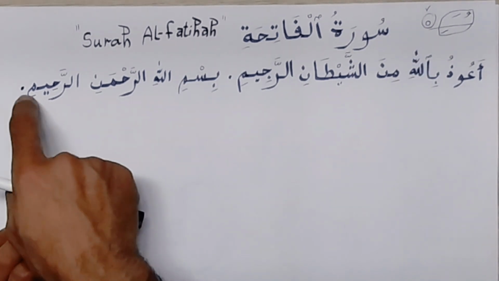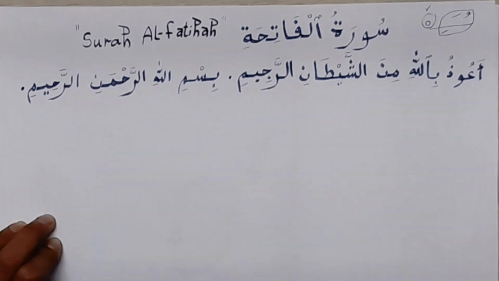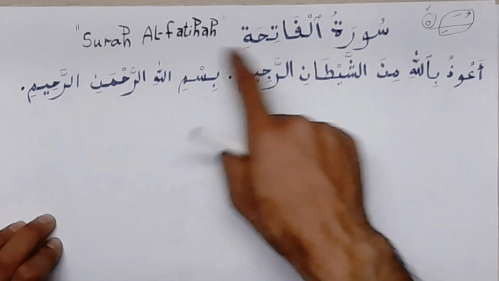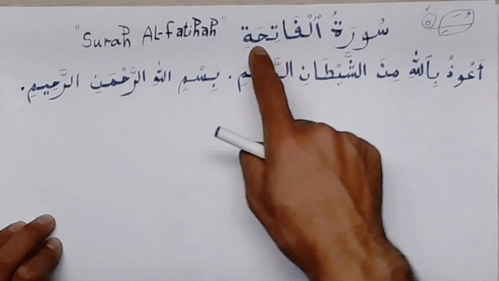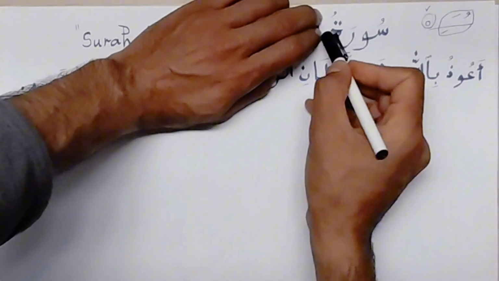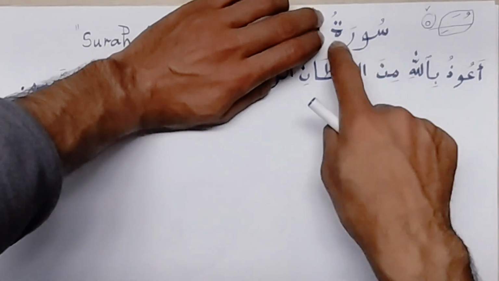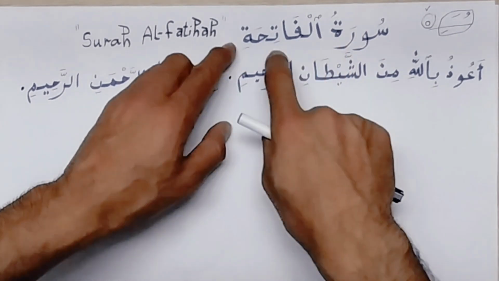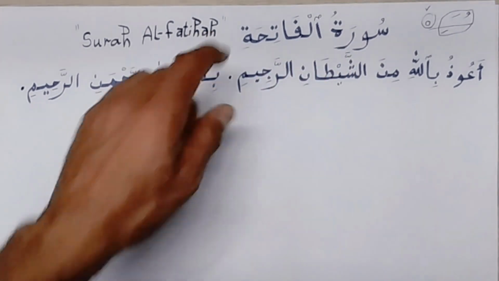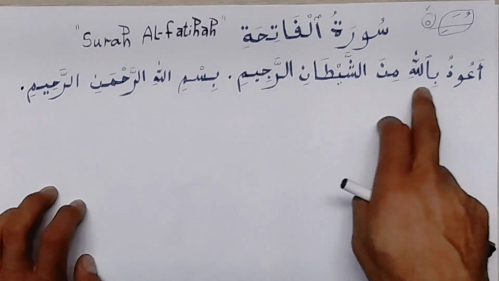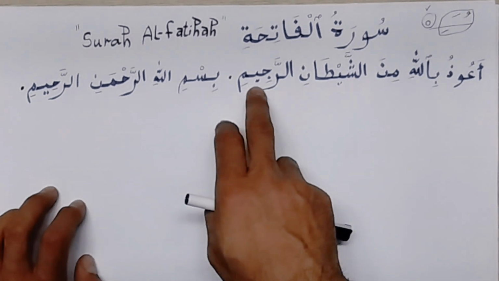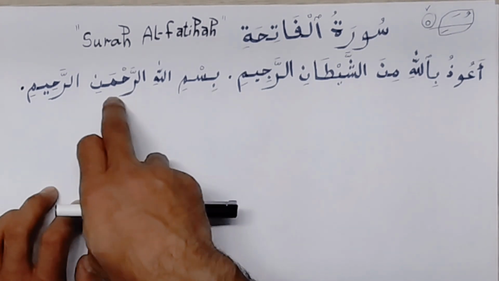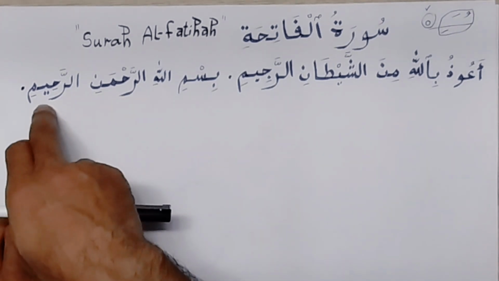So rahim, rajim. And when we have ta, it becomes ha. Fatihah, surah. If we have here full stop, surah. But we don't have full stop, so suratu al-Fatiha. Good. أعوذ بالله من الشيطان الرجيم. بسم الله الرحمن الرحيم.